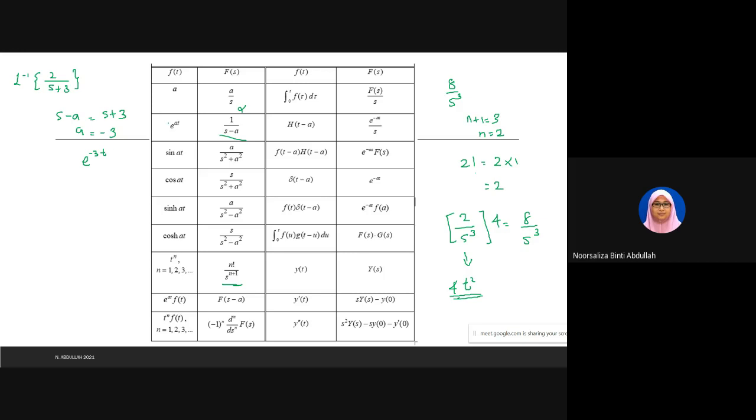And then here you have 2, so your inverse will be 2 exponent minus 3t. So you want to find the inverse of 2 times 1 over S plus 3.